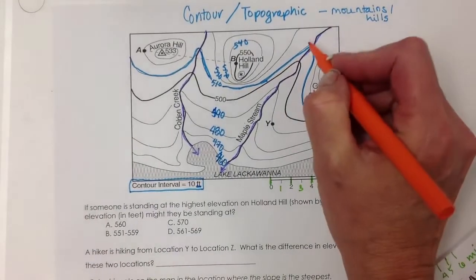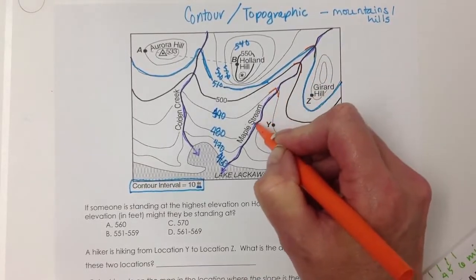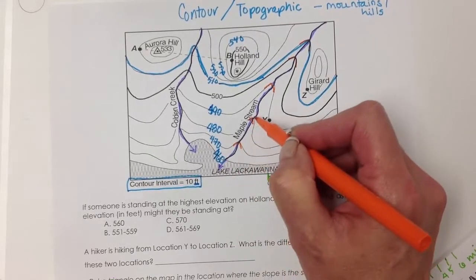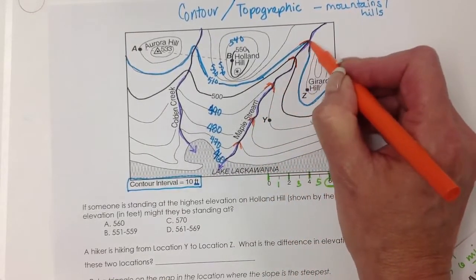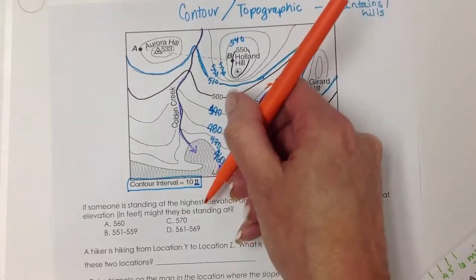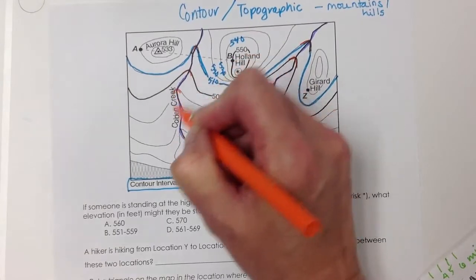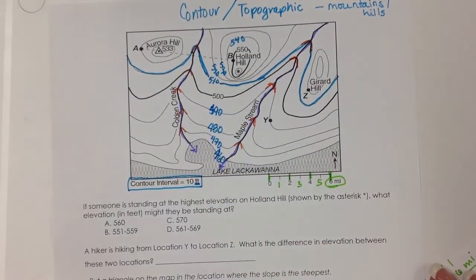And you could have seen that by the little V's that streams make in your contour line. They make these little V's. The V's point upstream, opposite direction of the flow of the rivers. So you see these and you could have said, oh look, there's a creek. How do you know that? Well, the V's in the contour line give you that information.